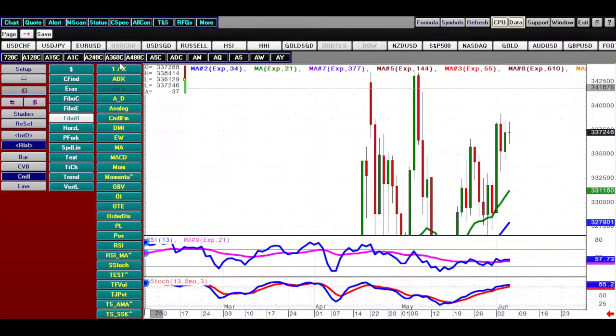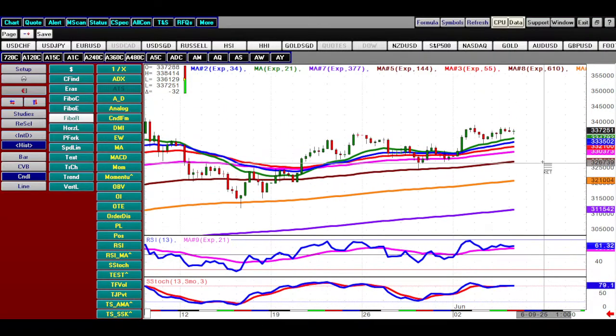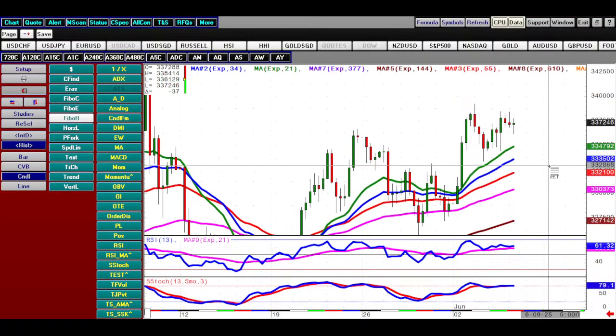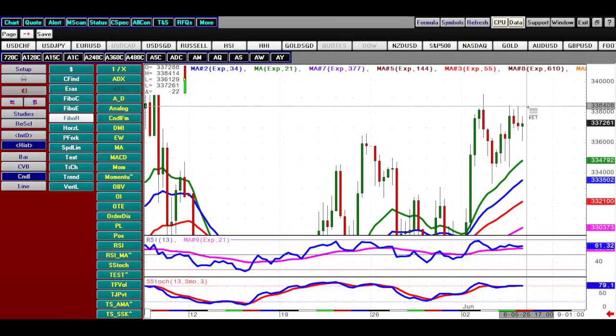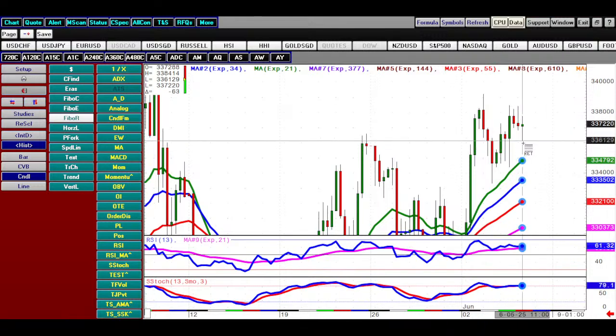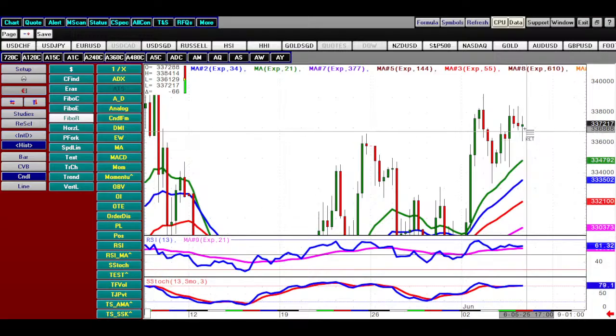Next we go into the 6 hour, toning down from weekly, daily, now 6 hour. This is telling me that currently this market is within this range of 3384 half and 3361, as of now.